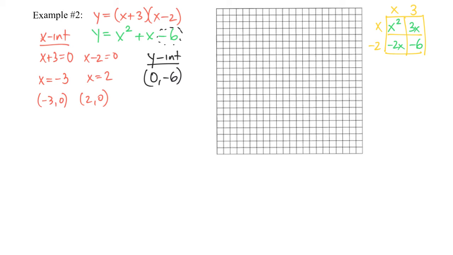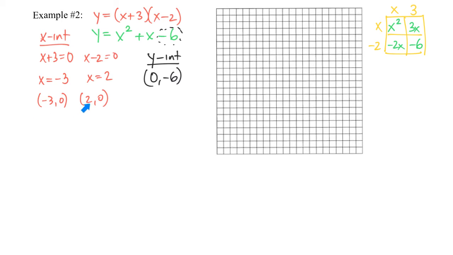Okay, now, in order to find the axis of symmetry and the vertex, one way would just be to go ahead and use this green form, the standard form, and proceed as you normally would. So we're going to find the axis of symmetry by doing -b over 2a, and then we're going to plug that value in for x in order to get our vertex. But you can do something else. The axis of symmetry is exactly halfway between my x-intercepts because, again, symmetry.